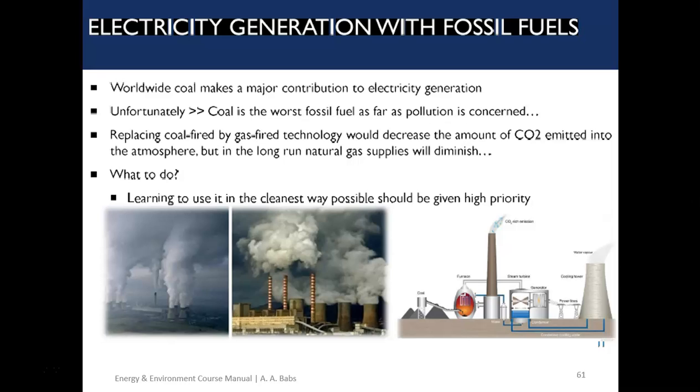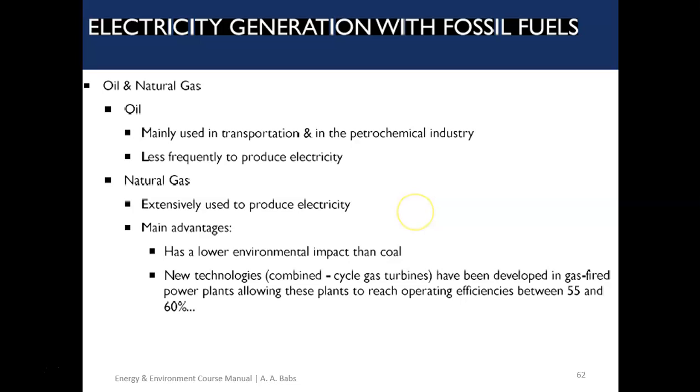How then do we use it in a way that it doesn't harm and cause hazard in the atmosphere to living organisms?